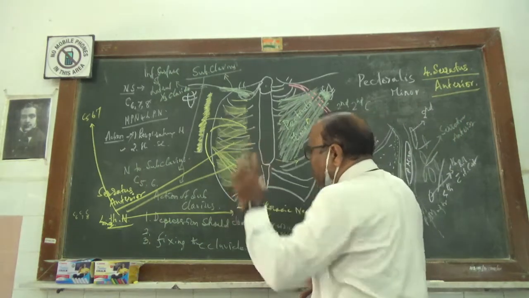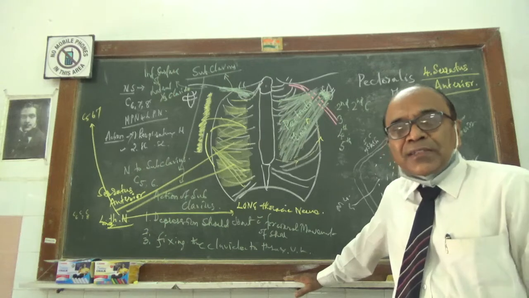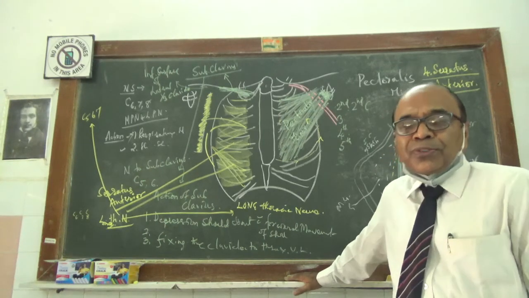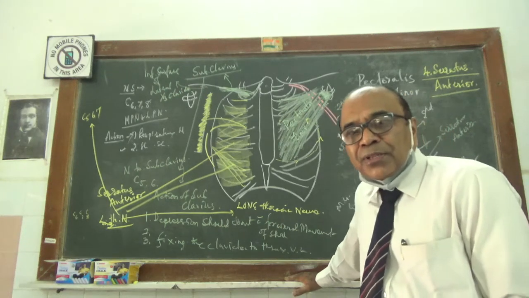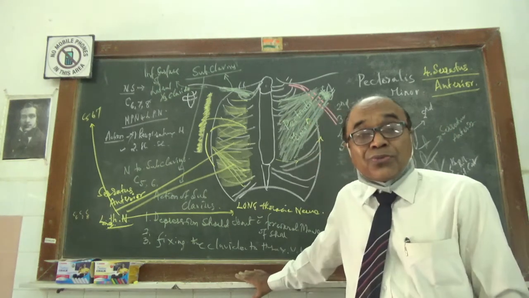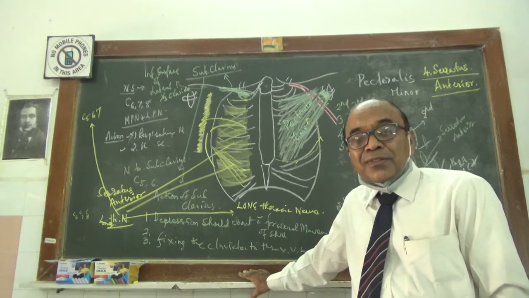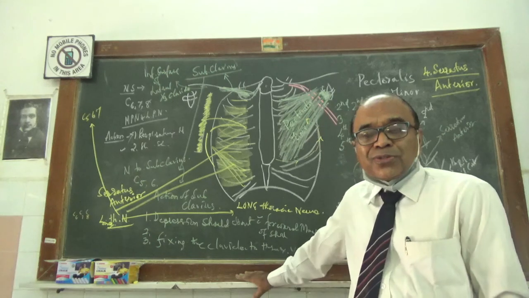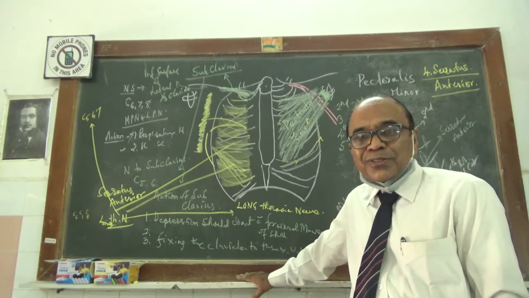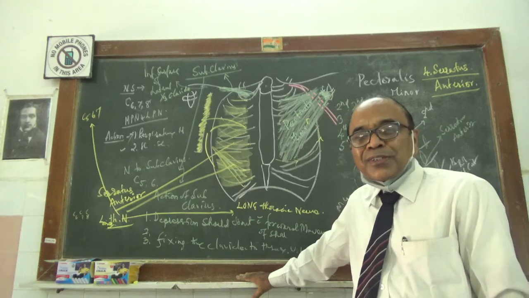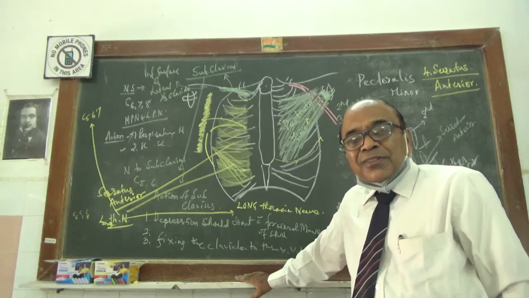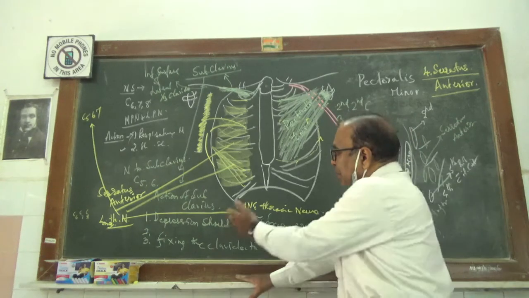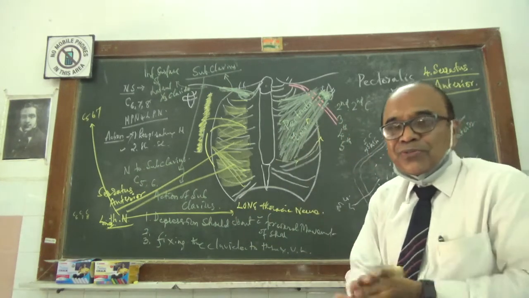Then the serratus anterior muscle also has the action of rolling movement of the scapula, especially in embracing anyone whom you have met after quite a long time, especially at aerodromes, railway stations, when you meet your friend after a long time, or to embrace your near and dear ones. At that moment, this serratus anterior will come into play.